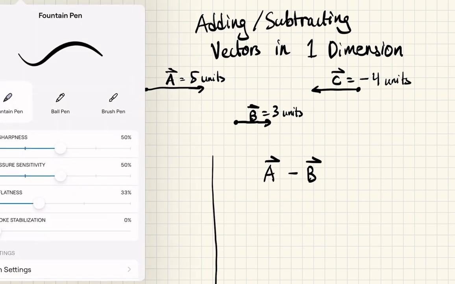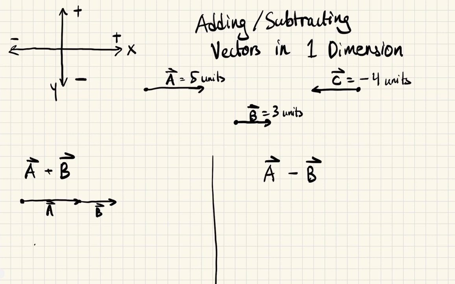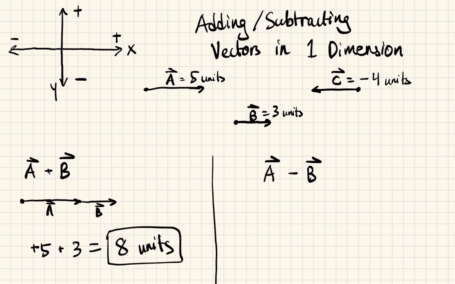But mathematically, it would just be a positive 5 plus positive 3. And so the resultant vector, which is the vector sum of our two vectors a and b, would have a magnitude of 8 units. And the direction would still be in the positive direction because both of them are pointing to the right anyways.